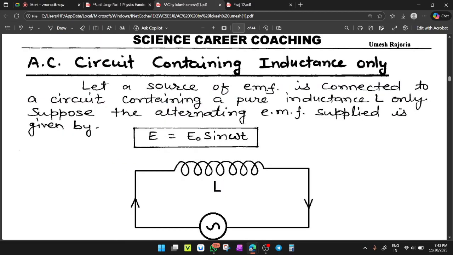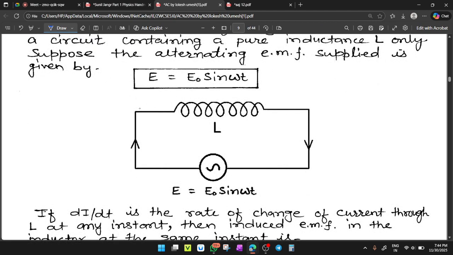Done. So student, our next derivation is for an AC circuit containing inductance only. Let a source of EMF be connected to a circuit containing a pure inductance L only. Suppose the alternating EMF supplied is given by E equals E naught sin omega t. So what is happening here, beta?